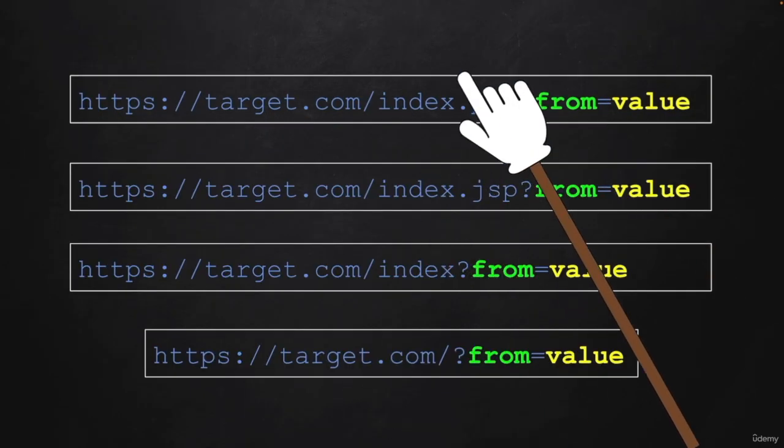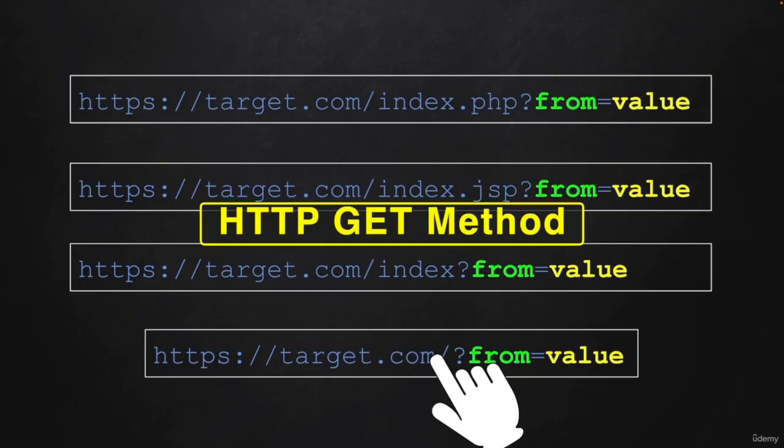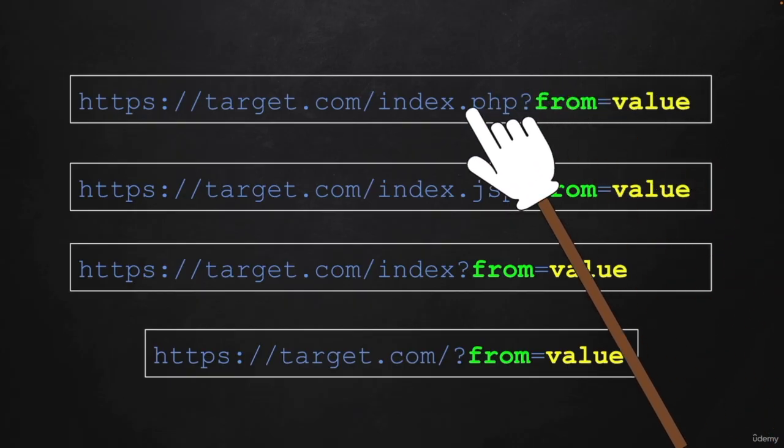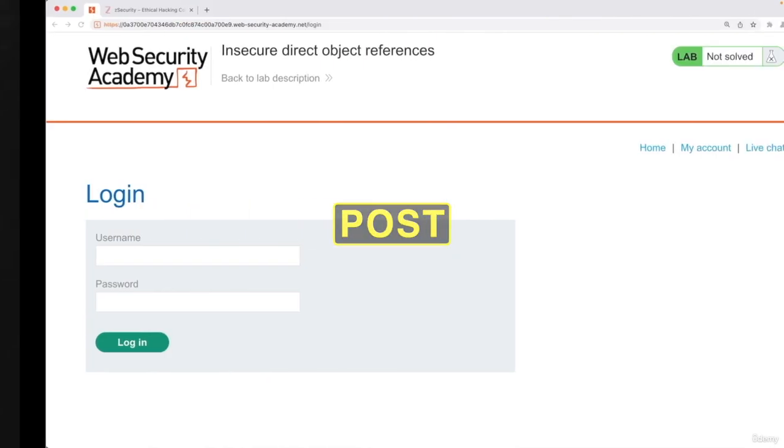Now, all of these examples are examples of sending data over the HTTP GET method because we can see the parameter and its value in the URL. Another method of sending data to the web application is POST, and is typically used when you submit input boxes.